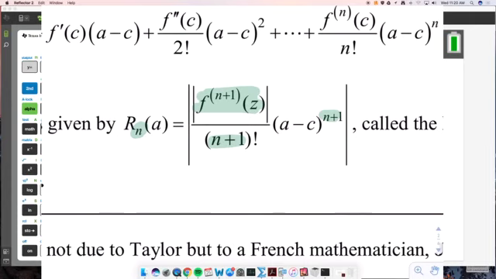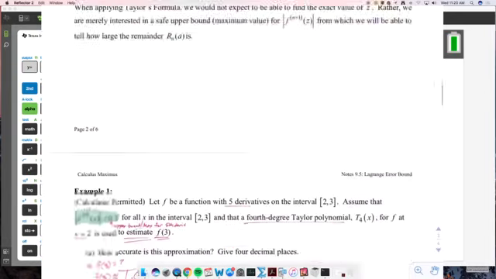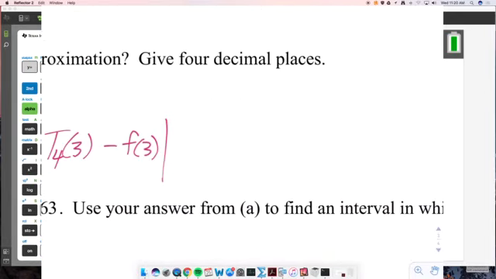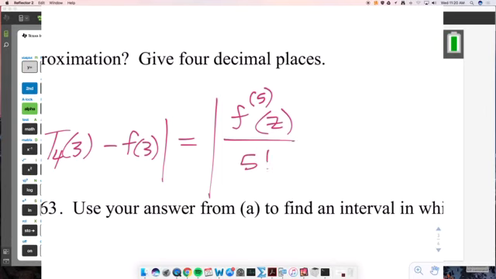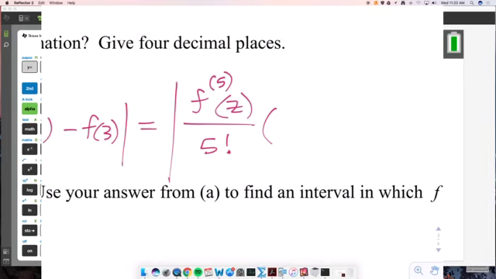So for us, since we used a 4th degree polynomial where n was equal to 4, the error is going to be the fifth derivative at z. All right, let's come down and write that. This is going to be equal to the absolute value of the fifth derivative at some magical mysterious z, all over 5 factorial times x minus c to the fifth.